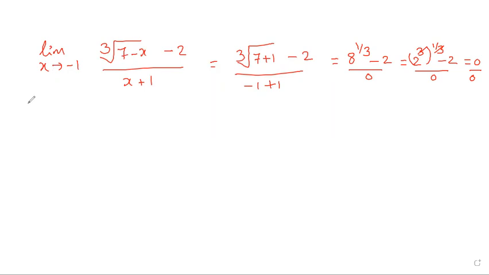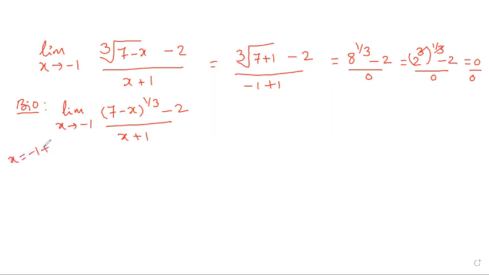So the cube root is there; I am applying the binomial theorem model. Limit x tends to minus 1 of (7 minus x) to the power of 1/3 minus 2, over x plus 1. Now put x equal to minus 1 plus h, with h tending to 0.